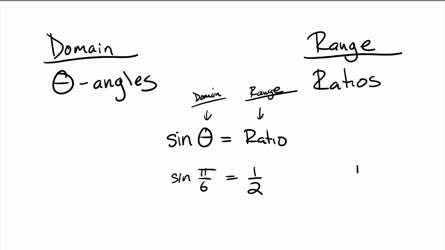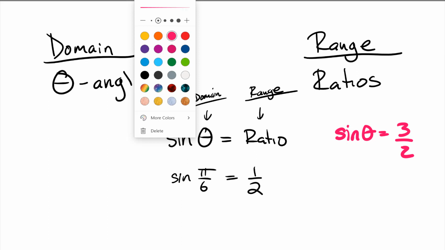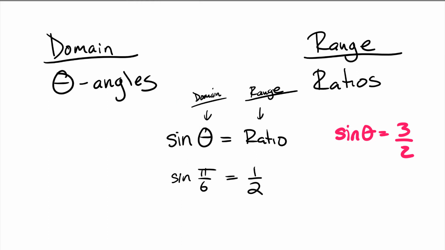So let me just give you one. I'm going to give you something that's incorrect to see if we can catch this. Let's say sine of an angle is equal to 2, no, let me use a different number. Let's make it 3 over 2. And let's make a triangle. So we have some sort of angle on this triangle.